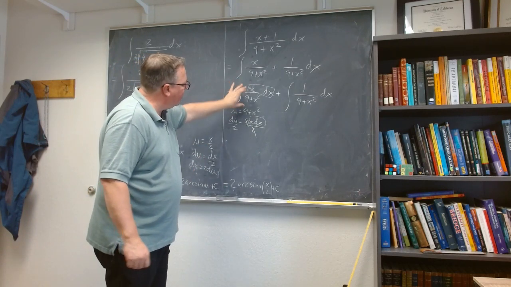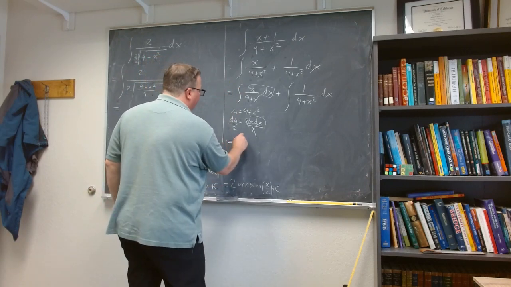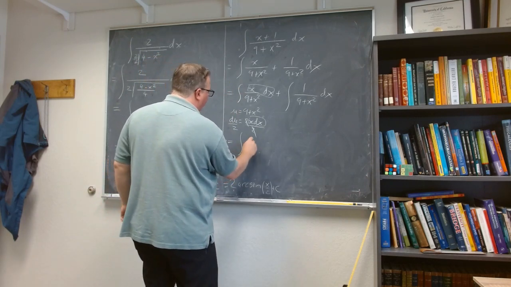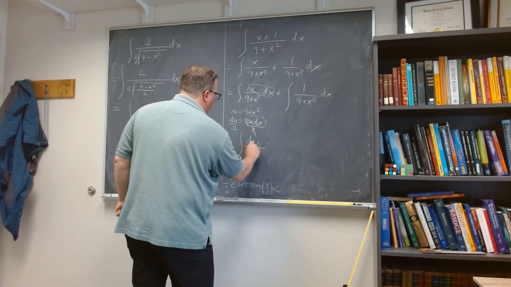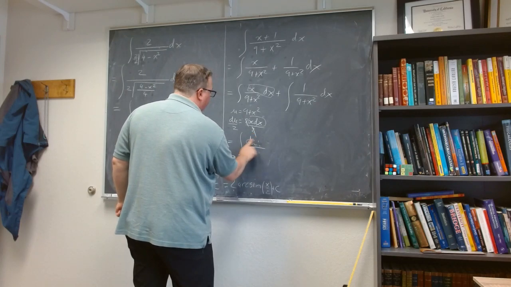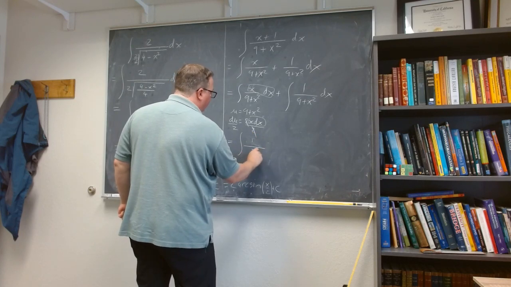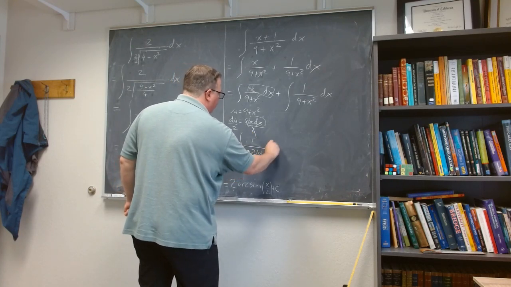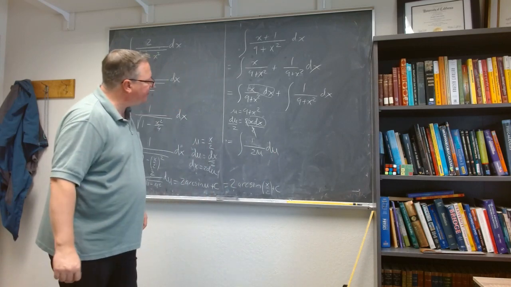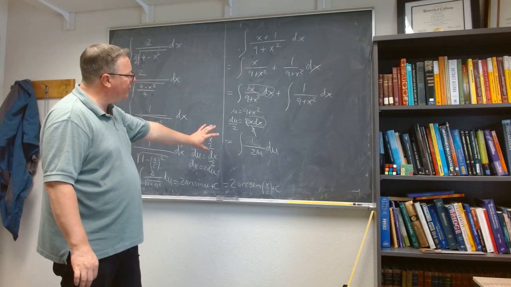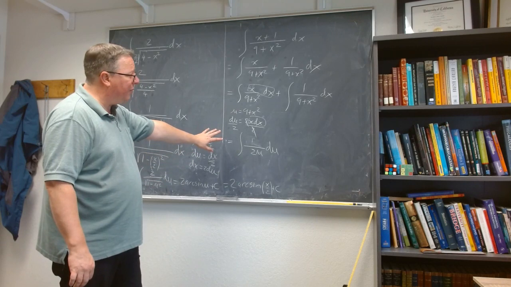And I'm ready to solve this first piece, which just will be the integral of du over 2. And here I'm going to have 1 over 2u, and that'll be du. So the substitution is going to go pretty much like we want.